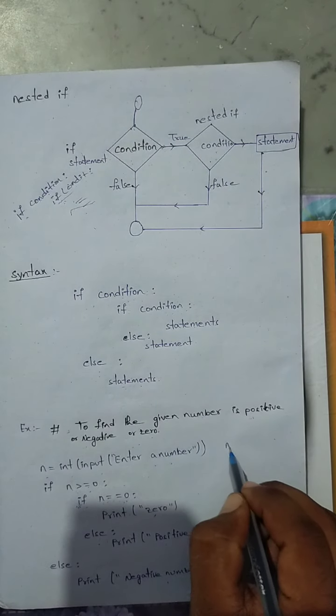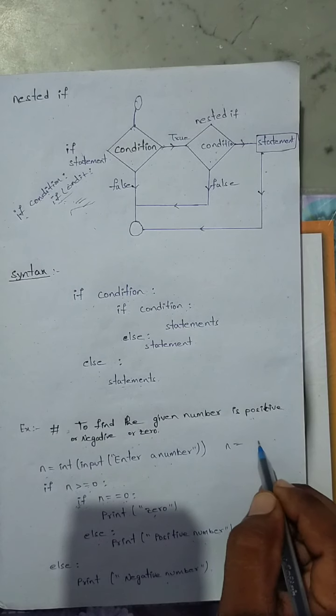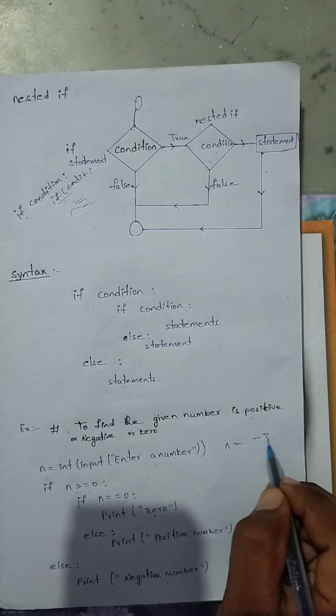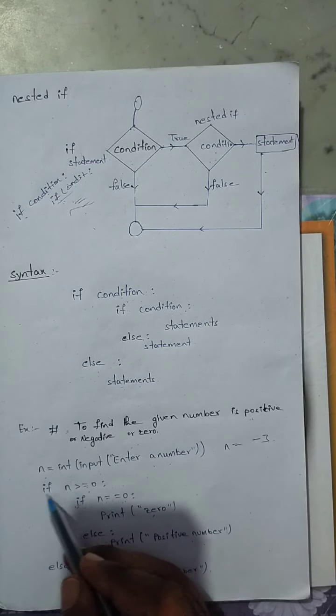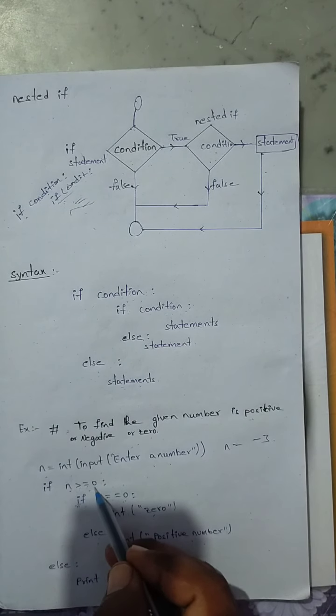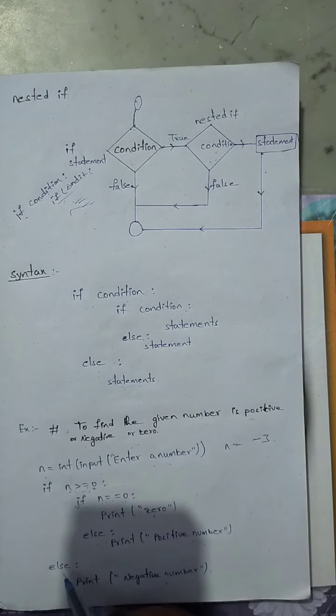Suppose n is equal to minus 3. Here, is minus 3 greater than or equal to 0? No, this condition is false. So it comes to the else block, executes it, and prints the negative number.